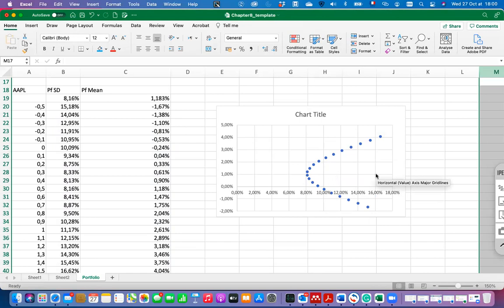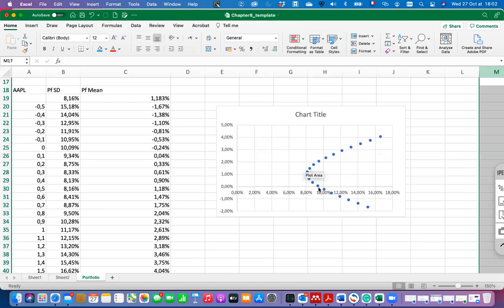All the points outside the parabola cannot be achieved. We cannot reach them because we have constraints, limits in finance. The most efficient points are on the upper part of the blue parabola. In this parabola we have two parts, an upper part and a lower part.